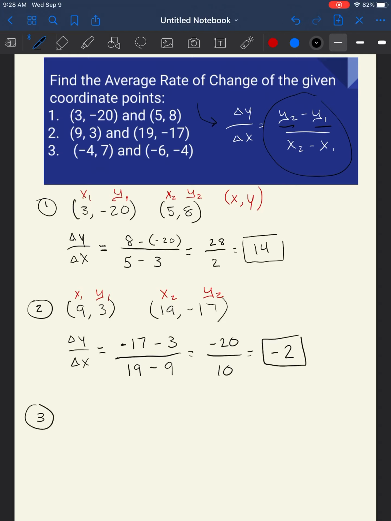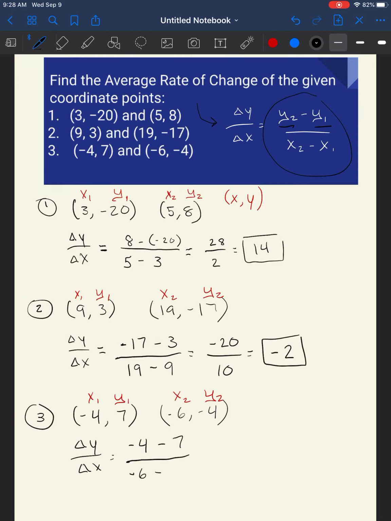And our last one here, same process: -4, 7, and -6, -4. x1, y1, x2, y2. So the change in y over our change in x is going to be -4 as y2, minus 7 as y1, over -6 for x2, minus -4 for x1.